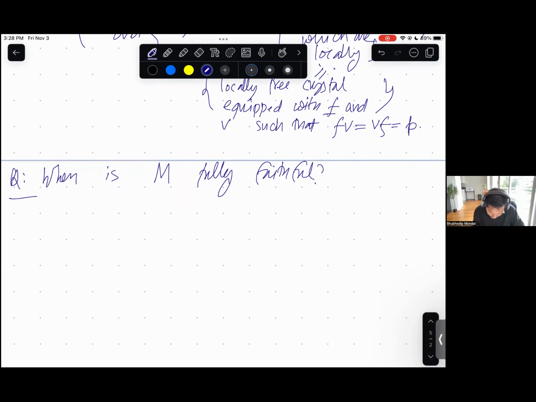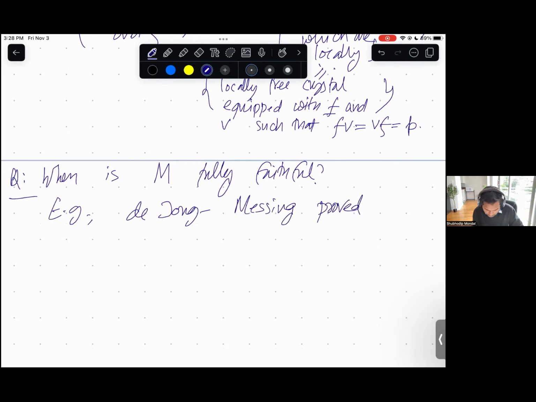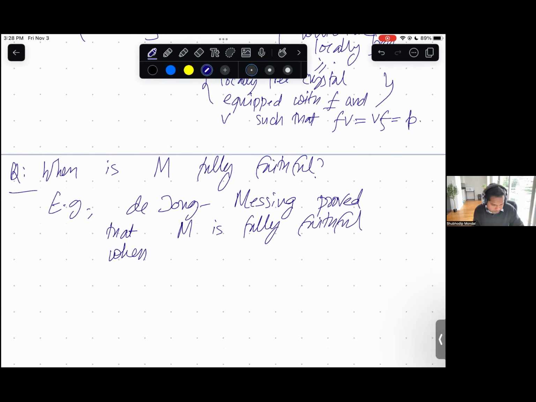And some work in this direction is that, for example, Dieudonne and Messing prove that M is fully faithful when S is a local complete intersection.